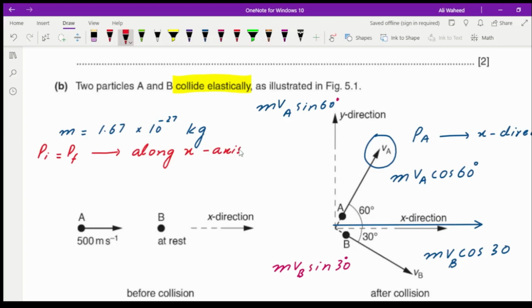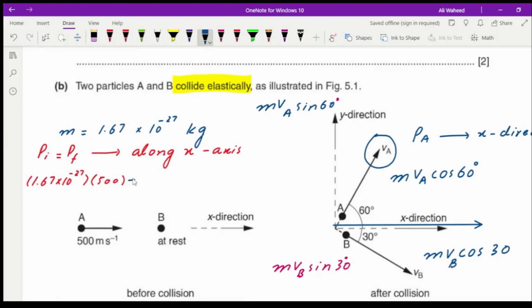So what is the expression for initial momentum? Initial momentum means the total initial momentum, A plus B. So the initial momentum was m, whatever the mass is, 1.67 into 10 to the power minus 27, mass times the velocity of A, and B was not even used because its momentum was 0.